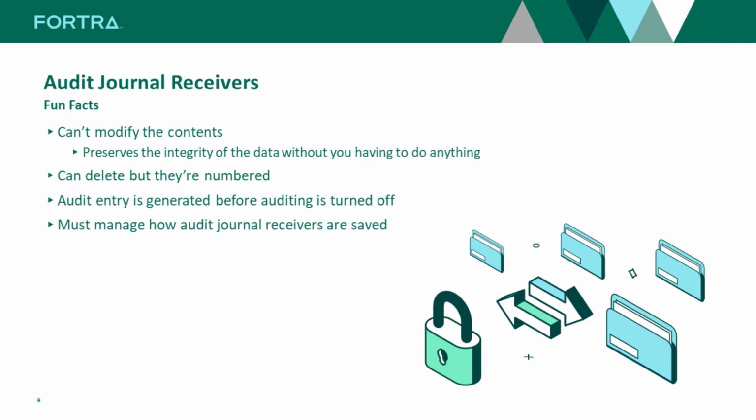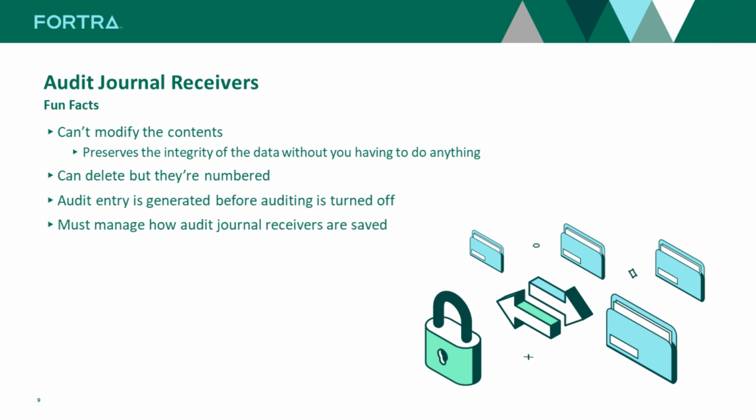One of the great things, or a few great things about the audit receivers, is they can't be modified. These are not database files. These aren't text files. They are journal receivers. So they cannot be altered with any type of data editing tools at all. The data that is written into those journals is not going to be able to be changed after it's written. Now, the risk, as I just mentioned, is they get deleted. You've got to manage your space.